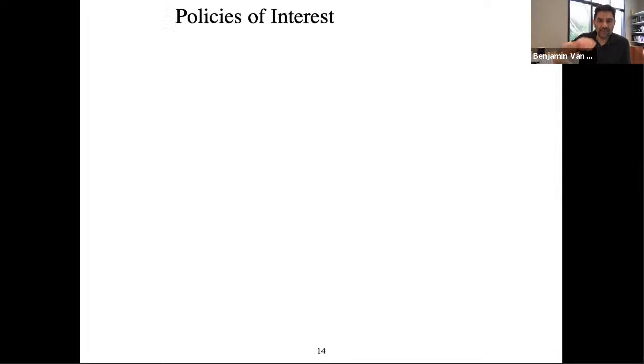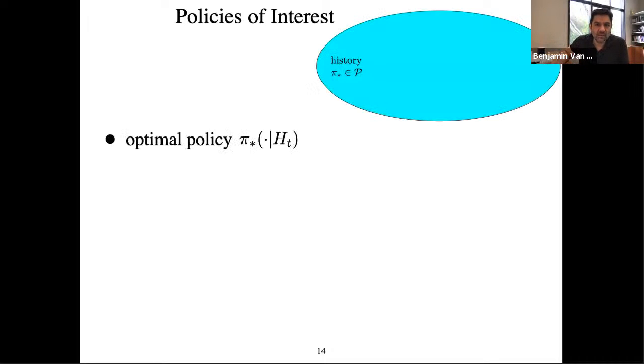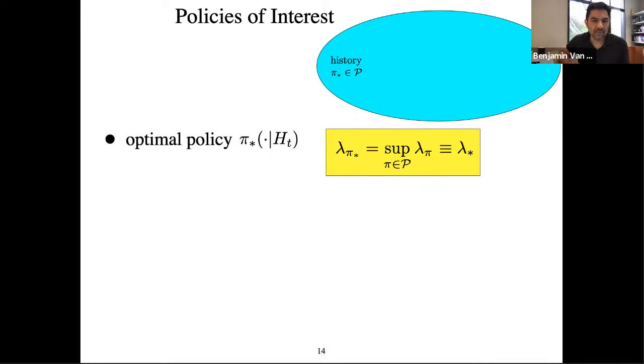All right, so I described classes of policies, and now let me talk about particular policies of interest. One is the optimal policy, right? That's the policy that's allowed to select actions based on all of history and is optimal among such policies. Okay, so we'll call that the optimal policy. I'll use notation lambda star as the optimal average reward.